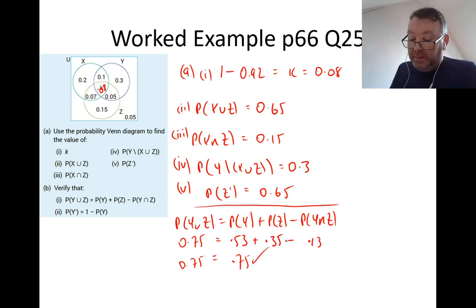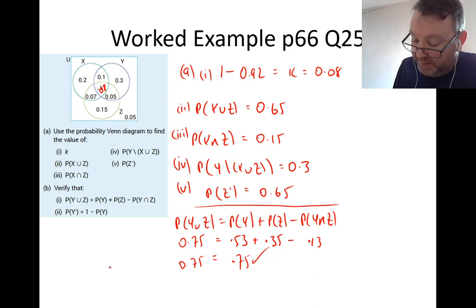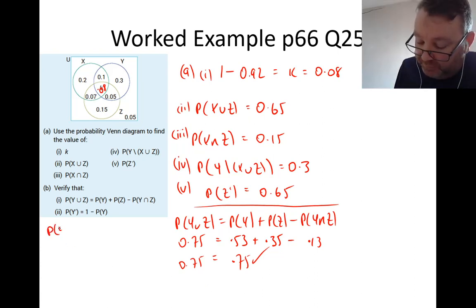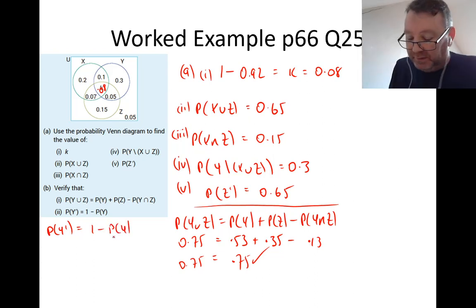Okay. The last one, the probability of y complement, let's do it here. Probability of y complement, that's everything outside of y, is 1 minus the probability of y. Now, it makes sense, yeah? So we want to verify this. So what's everything outside y? Everything outside of y is all of these, okay?